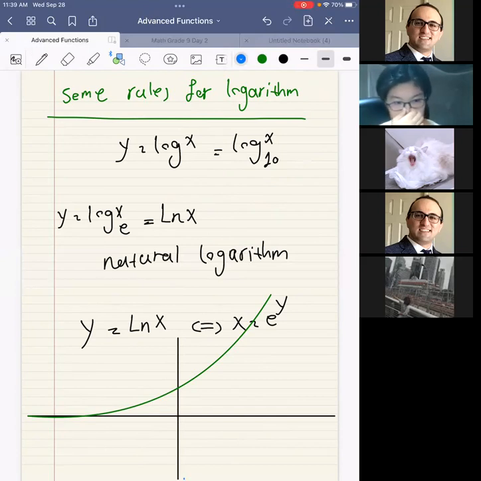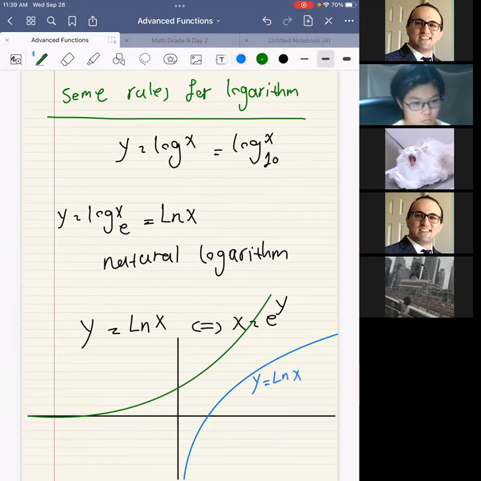It looks something like this. So the blue one is the natural logarithm. The green one is e to the power x. These are inverse of each other, okay?